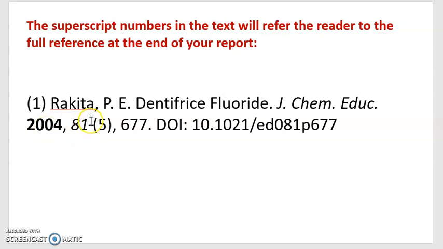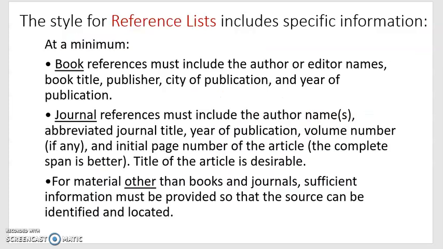A comma, the volume number in italicized print, the issue number in regular print in parentheses, a comma, the page that information came from, a period, and then the DOI, Digital Object Identifier. And we did talk about this in the last segment, so you should understand about those.